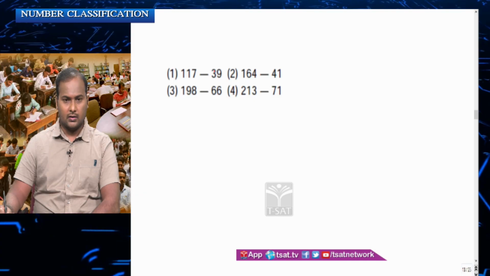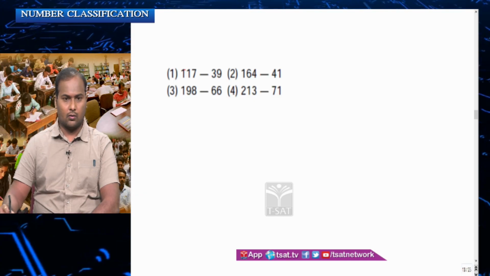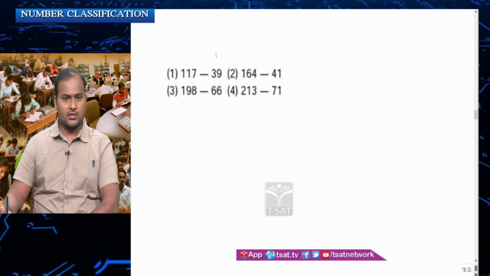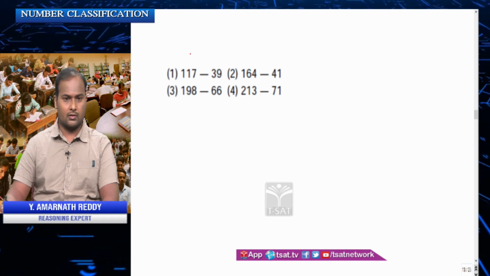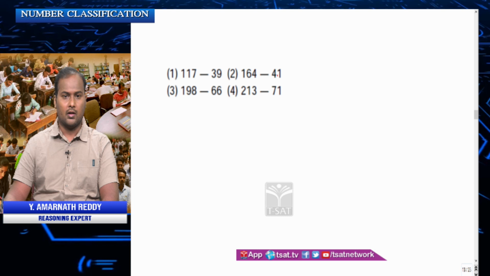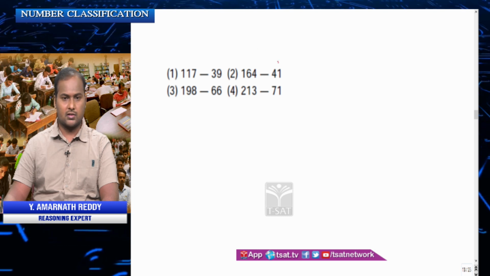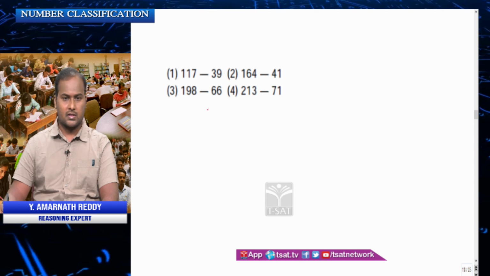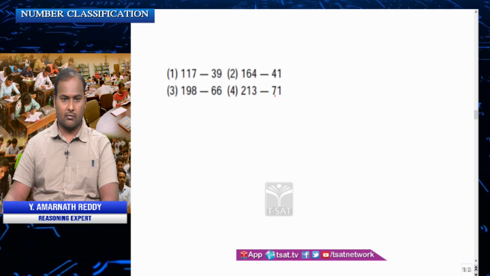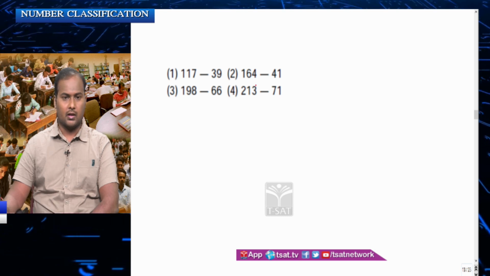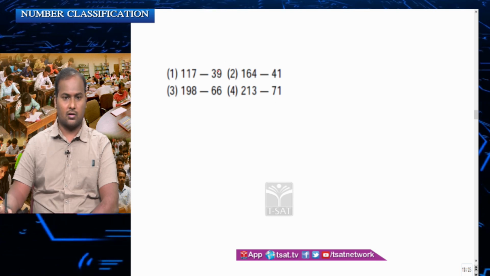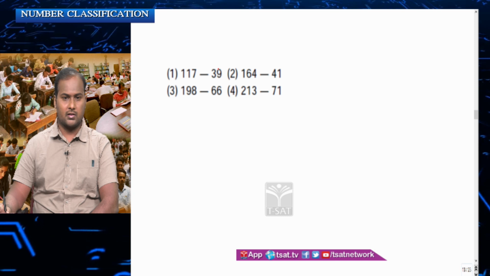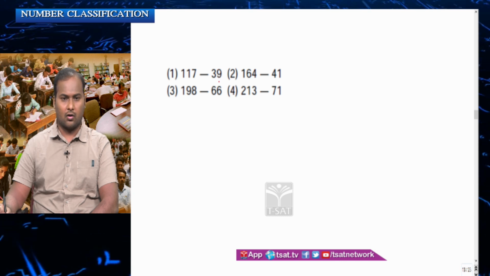Look at this question. In this particular question, 39 117, the moment you see this, always check the range. 39 117, so the range is increasing. Here 41 to 164, here also the range is increasing. 66 to 198, range is increasing. 71 to 213, the range is also increasing. The moment you see this, now you check how many times it is increasing. That is very important. How many times?